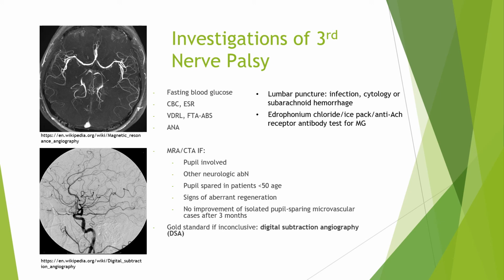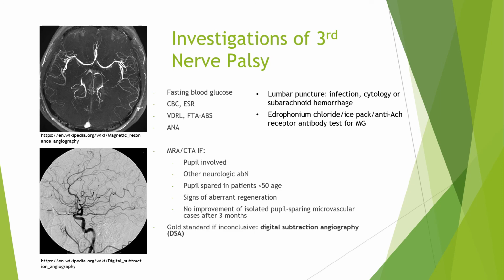MR angiography or CT angiography can be considered if the pupils are involved, if they're abnormally dilated and do not respond to light, if there are any other neurological abnormalities, if the pupils are spared but the patients presenting with third nerve palsy symptoms are less than 50 years of age, or if there are signs of aberrant regeneration, so the lid gaze dyskinesis and the pupil gaze dyskinesis.